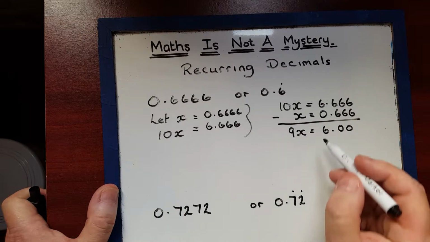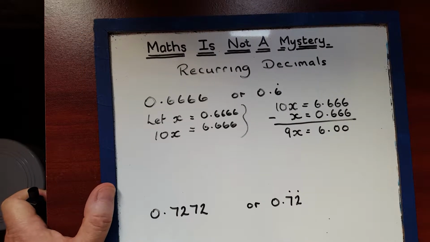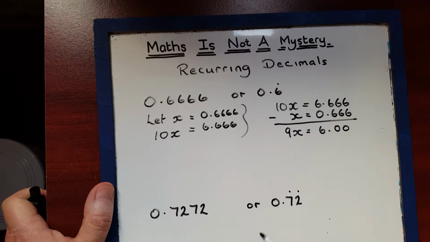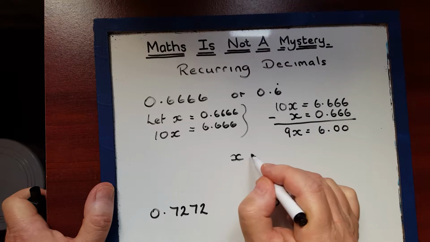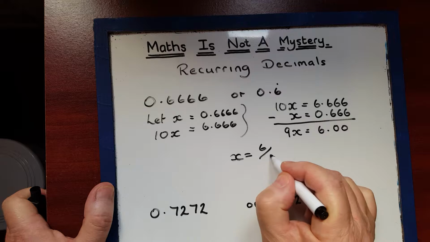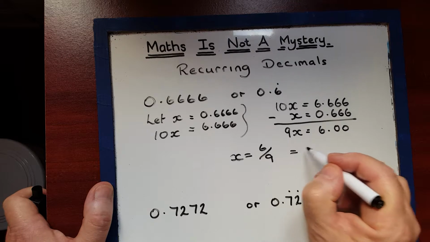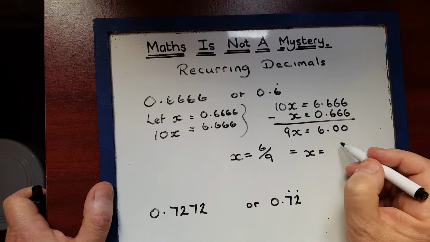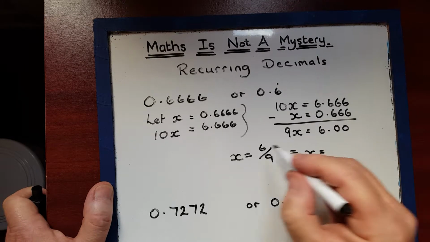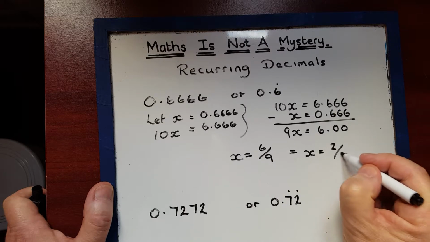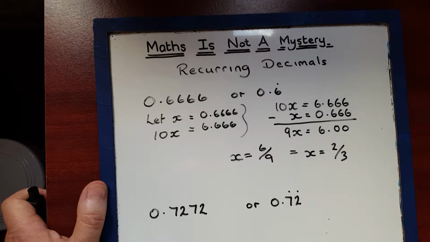Now that means if 9 x's make 6, then 1x must be 6 divided by 9. And that's it, that's completed. We can of course simplify that, because we can divide both of those by 3 and make it 2/3.